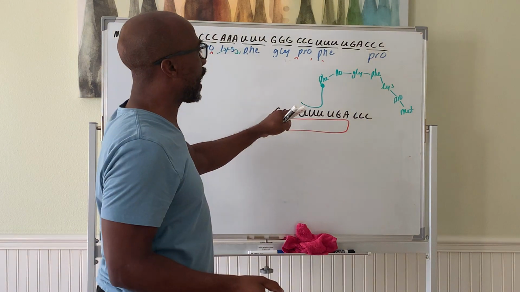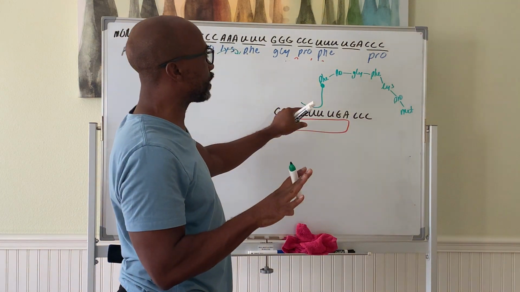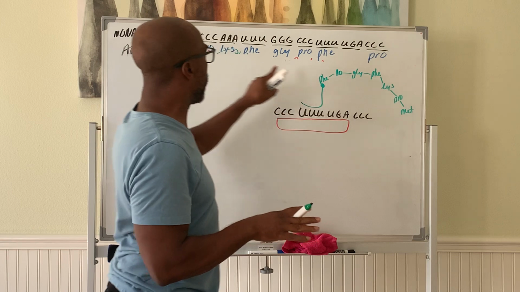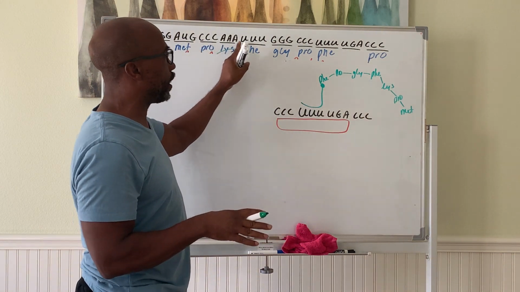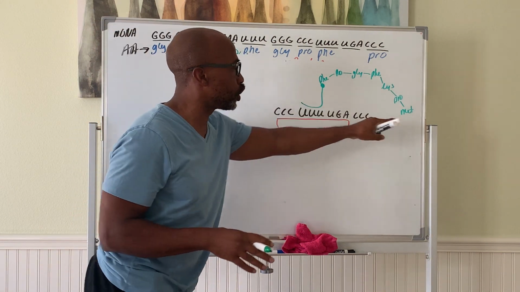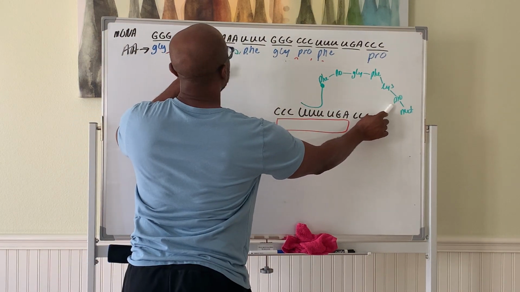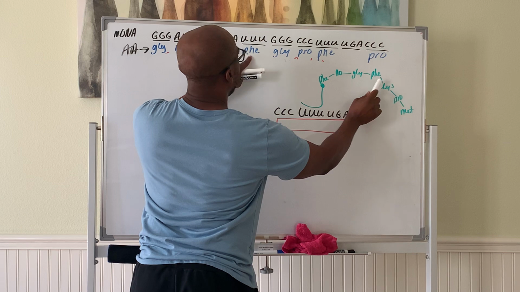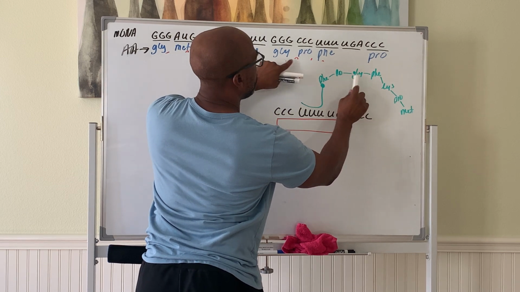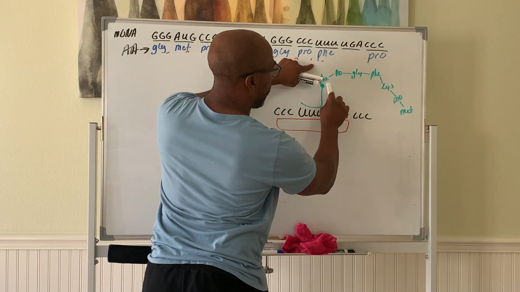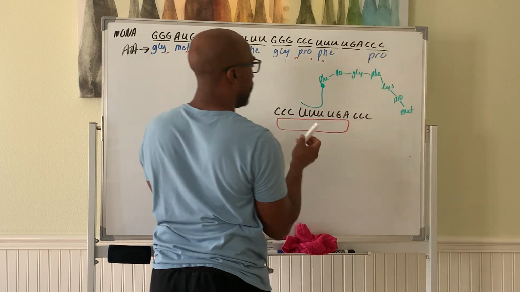This is what has happened as it has been elongated along the way, where each time you add an amino acid to the chain, you make it longer. So you begin with methionine, the first one, then proline, then lysine, then phenylalanine, then glycine, then proline, then again phenylalanine right here.